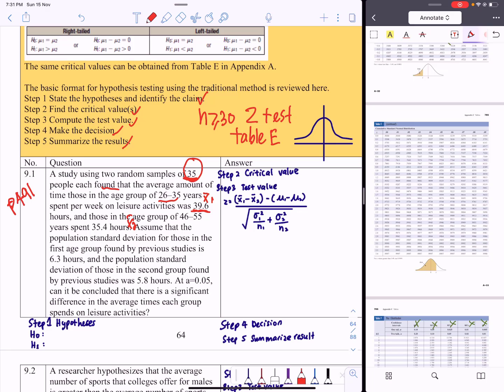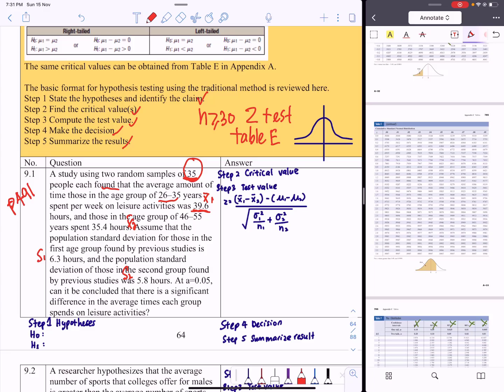Assume that the population standard deviation for the first age group is 6.3, and for the second group 5.8. Now we have standard deviation 1 and standard deviation 2. At alpha 0.05, can it be concluded there is a significant difference in the average time each group spends on leisure activity?